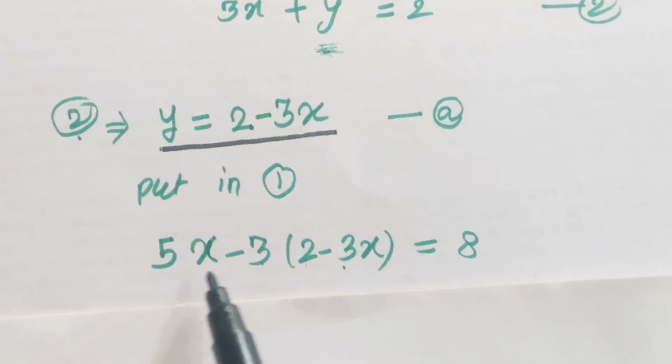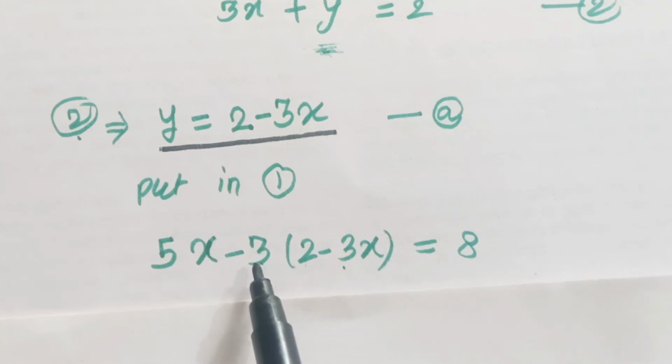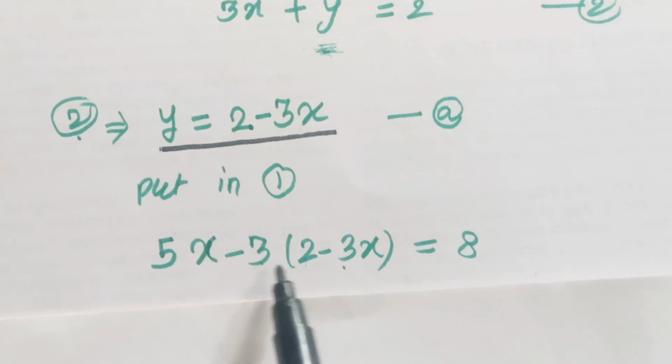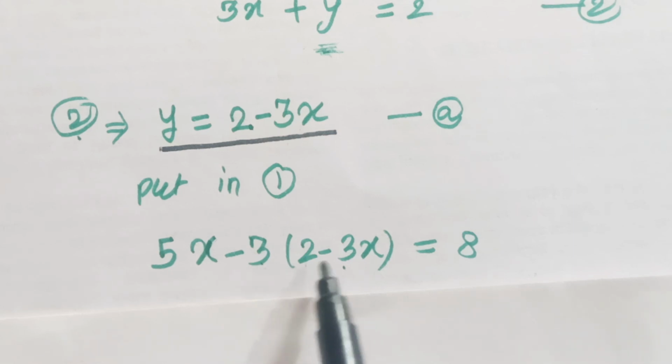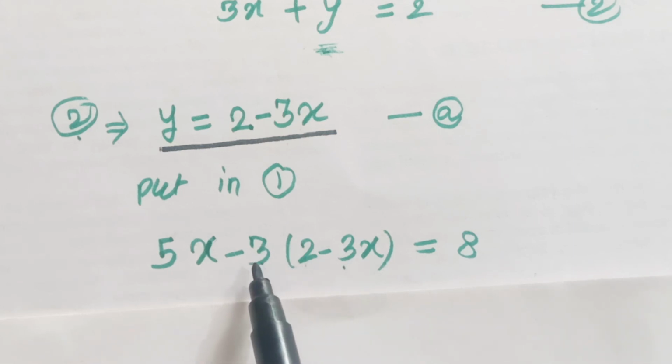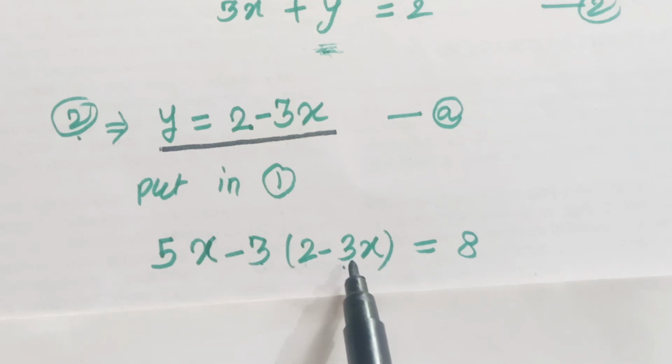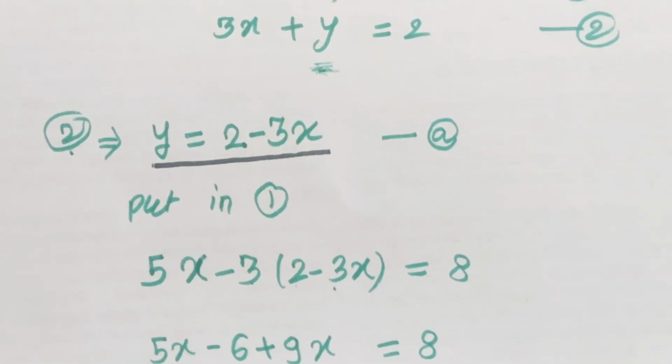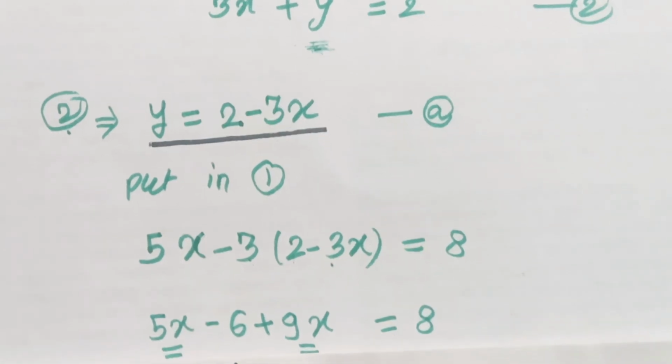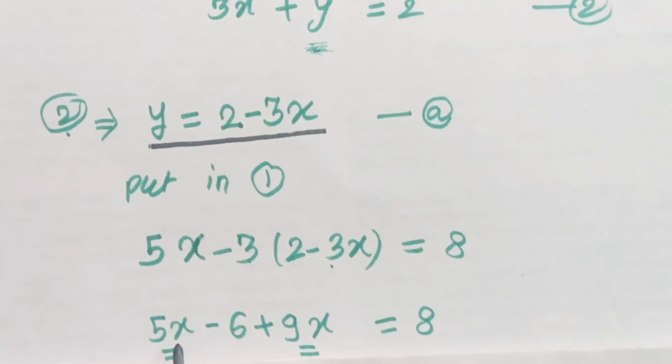Now we have a complete equation in the form of x. We just have to simplify. Multiply minus 3 throughout the bracket: minus 3 into 2 is minus 6, and minus 3 into minus 3x is plus 9x. Now we want the value of x, so take the variable terms on the left hand side and shift all the constants to the right hand side.